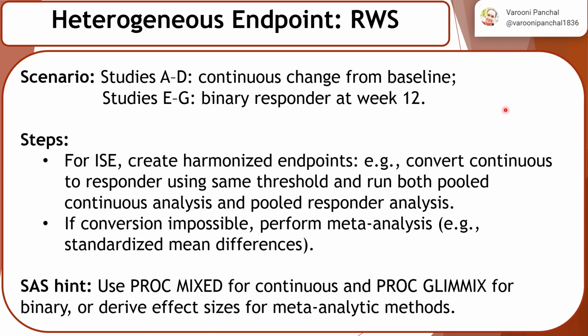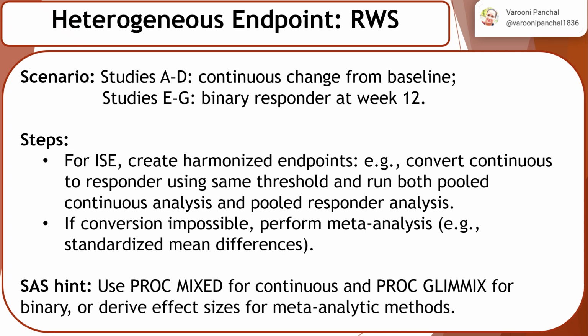So whenever you are working on this ISS and ISE study, you need to first concentrate on the endpoints, the primary, secondary, exploratory, whether these endpoints are homogeneous. If they are homogeneous, then life is going to be easy for changing into the harmonized endpoint.